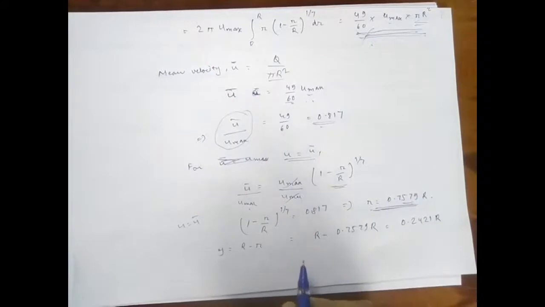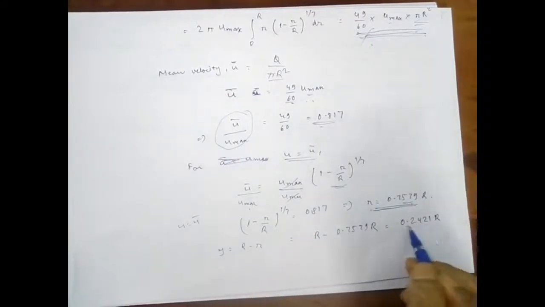So therefore the actual velocity is equal to the mean velocity at a distance of this r.